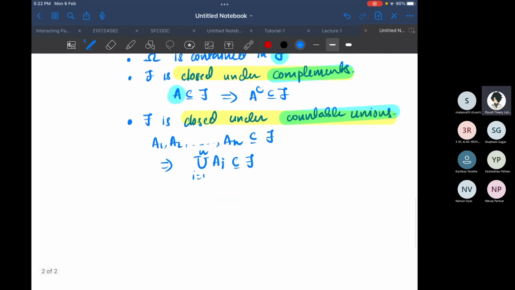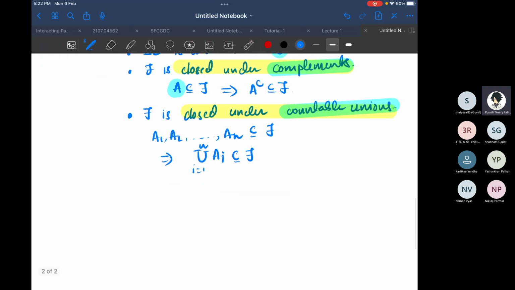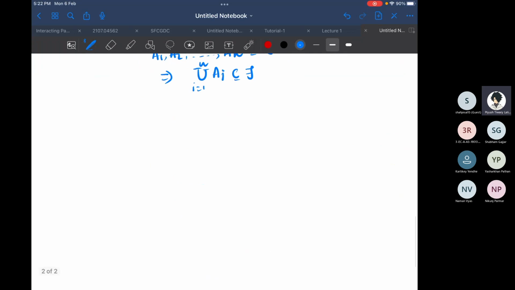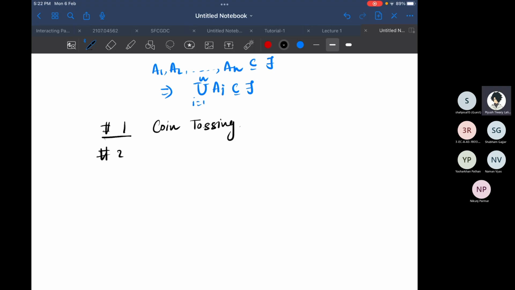Yesterday, I think we discussed something that is relevant here. So let's take two examples. The first example is coin tossing, and the second example is breaking a stick at random.